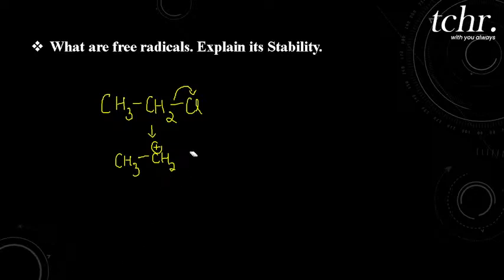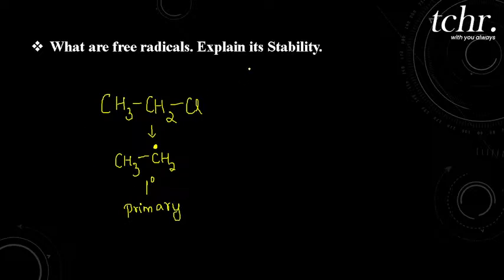Symmetrical cleavage: you get one single electron on the chlorine and one electron on the CH2 group. So the CH2 group, which is carrying one unpaired electron, is further attached to how many alkyl groups? One. So students, this is called a primary free radical.